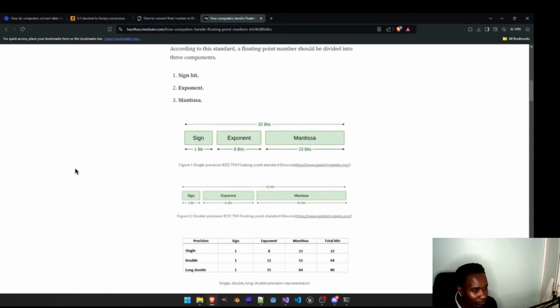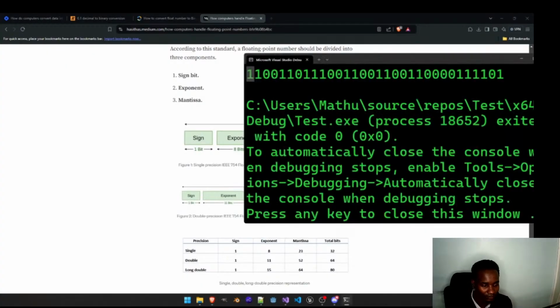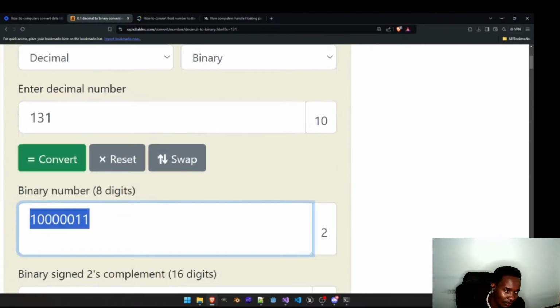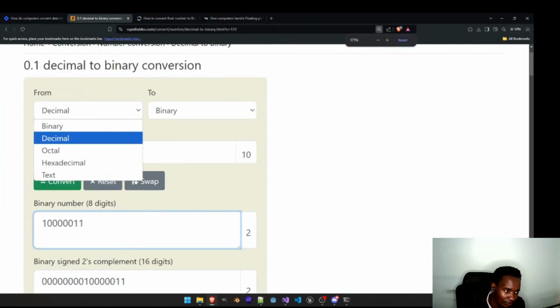So we have the first bit as the sign bit. I think we already understood how that comes about. Then we have the exponent, which is the next 8 bits. So 1, 2, 3, 4, 5, 6, 7, 8. Let me just copy this and see what its value is.